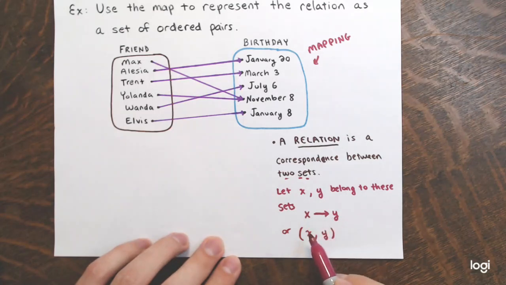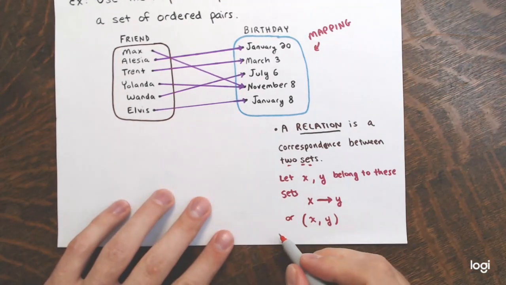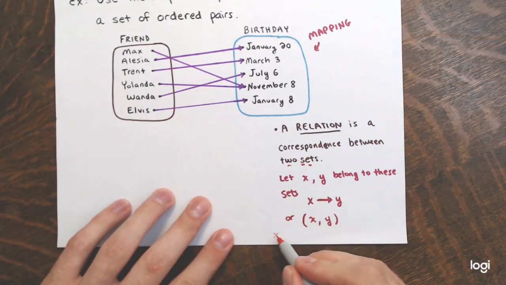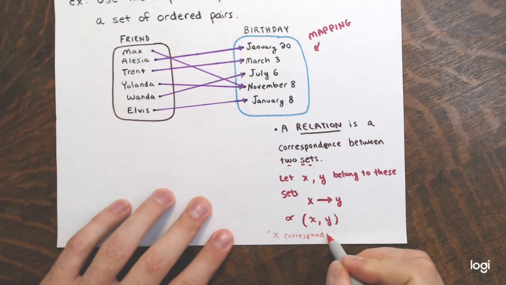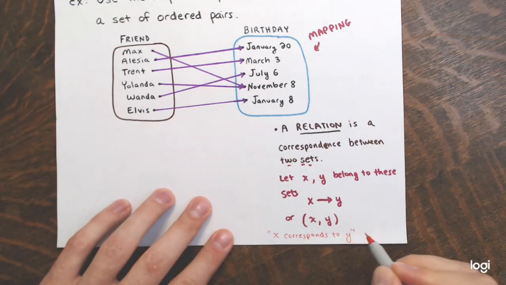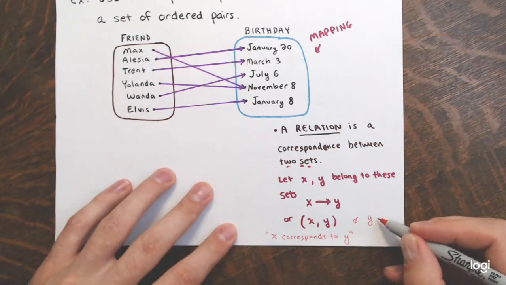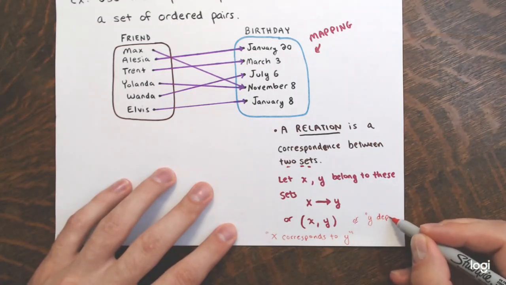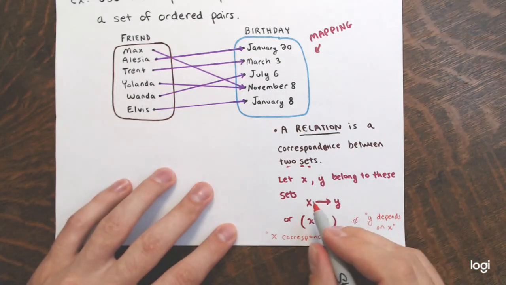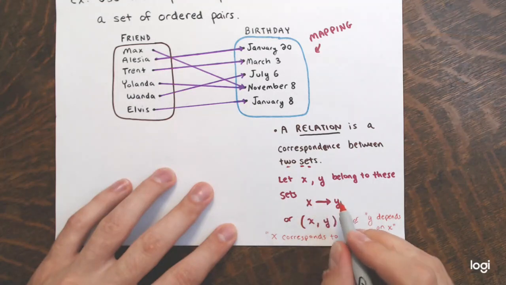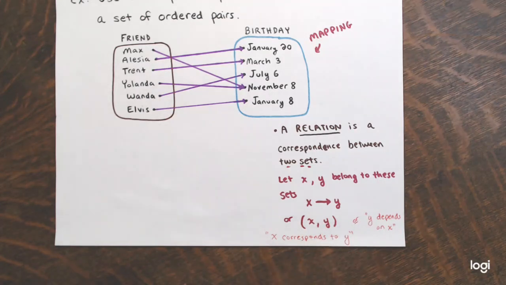This x arrow y and x comma y ordered pair simply mean that x corresponds to y, or y depends on x. This value of y depends on this value of x. It comes from it. You start here and would go to y. There's that relationship.